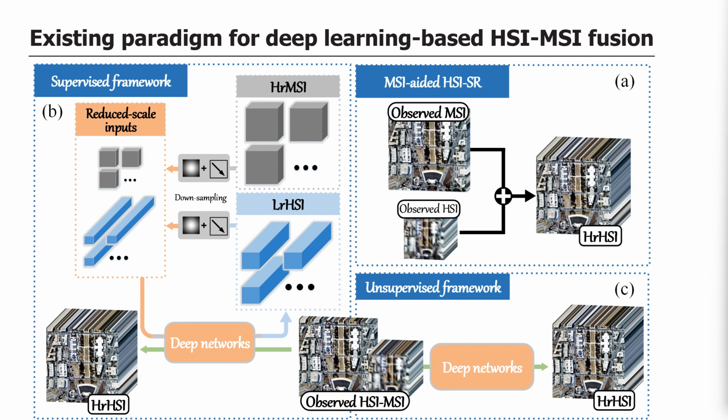Existing paradigm for deep learning-based hyperspectral and multispectral image fusion can be divided into supervised and unsupervised. There exist several problems for supervised methods. One is that the large number of training triplets is the prerequisite of the superior performance for these data-driven methods.